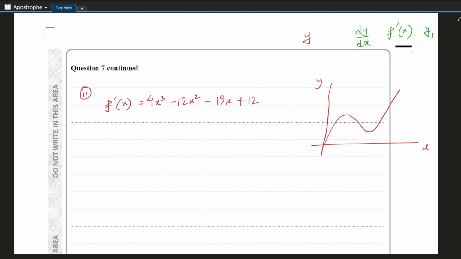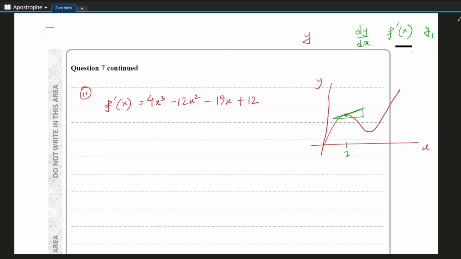notation. When we find the first derivative, y1 or f prime of x, we are actually calculating the equation of the gradient at any given point. For example, let's assume this was the graph of C. If this is x equals 2 and we provide the value 2 here, the value would come out as the gradient of the tangent at this point.